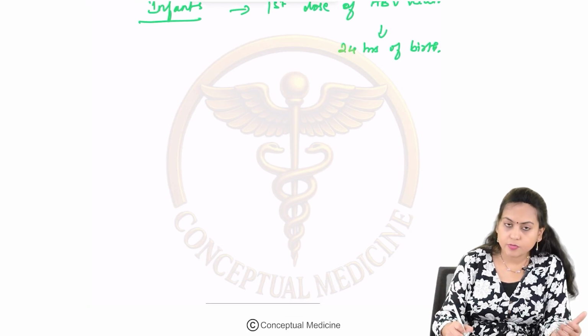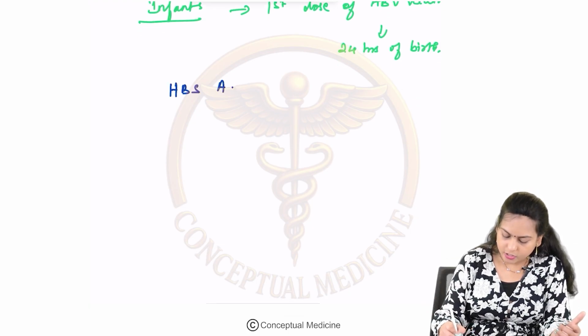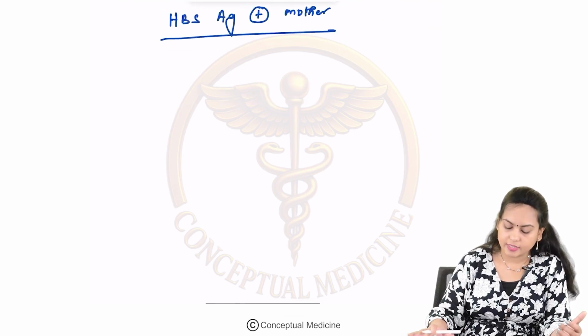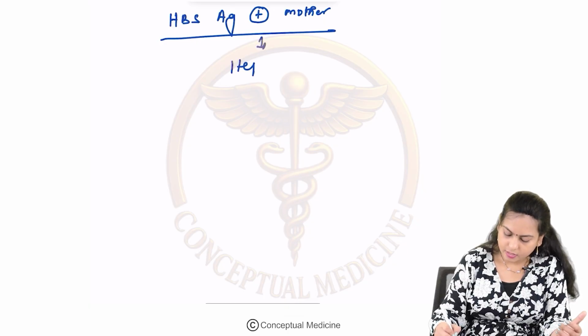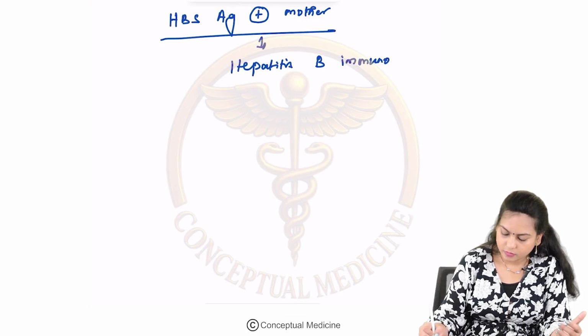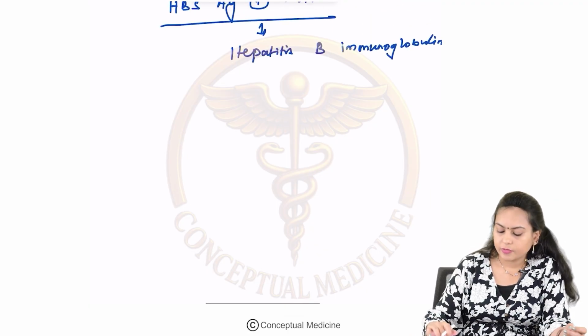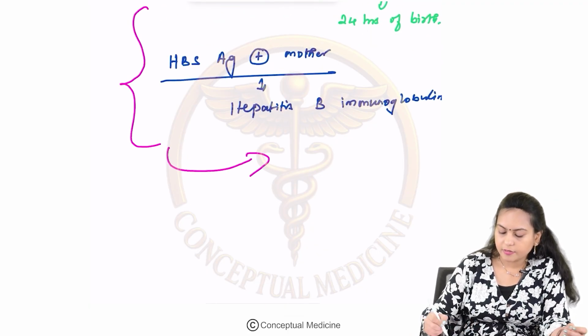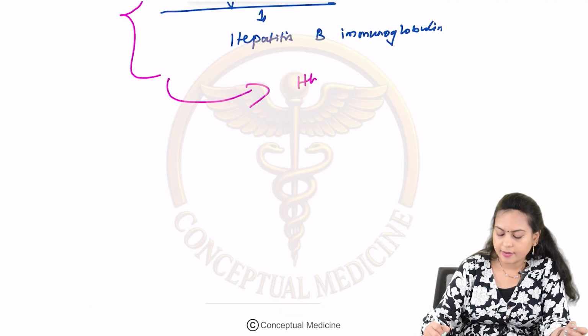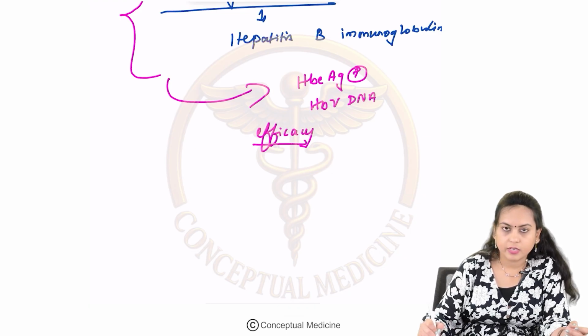If the infant was born to an HBsAg positive mother, then they should additionally receive hepatitis B immunoglobulin also. If you combine both these, even if the mother had high levels of antigen positivity or viral DNA levels, the efficacy improves up to 90 to 95%.